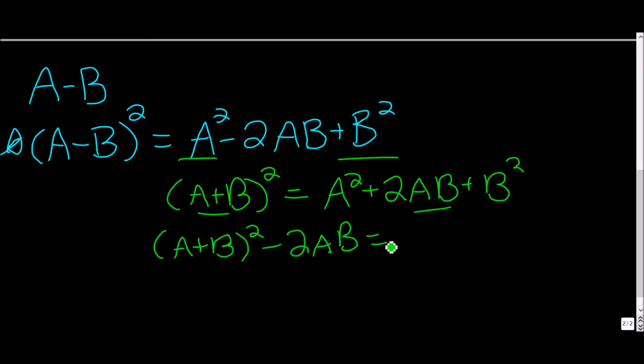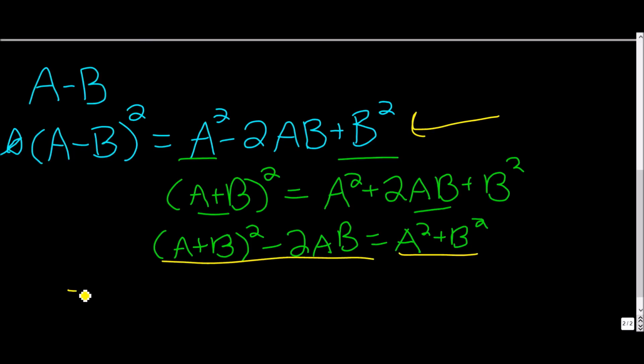alpha squared plus beta squared. So I can actually replace that with what I had before. So if I go back and replace this stuff, what I'm going to have ultimately is not only an alpha plus beta squared, I'm going to have my minus 2 alpha beta.